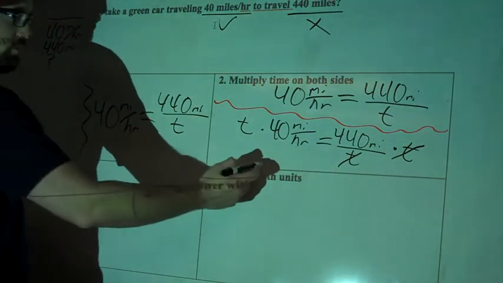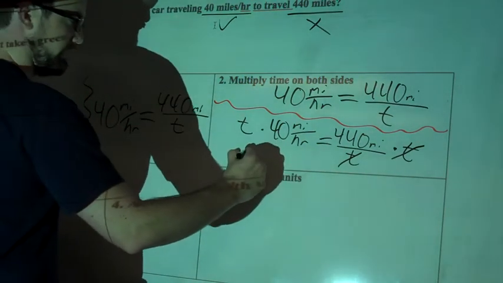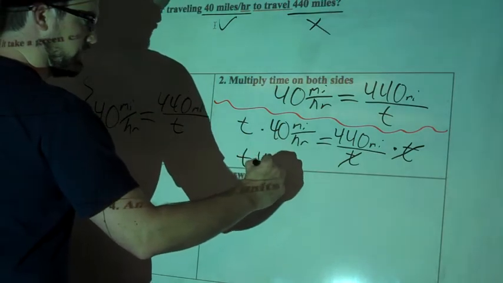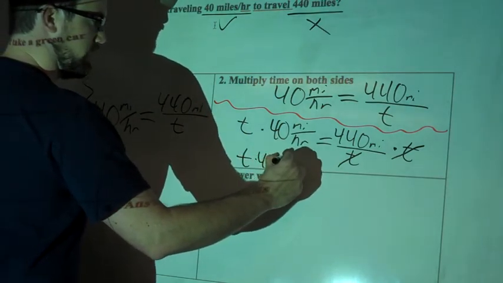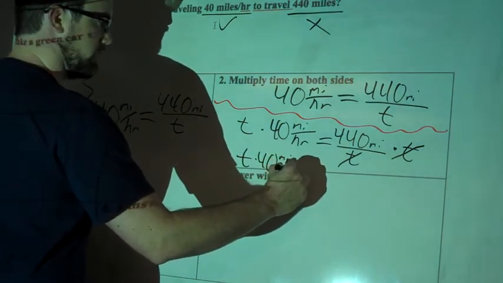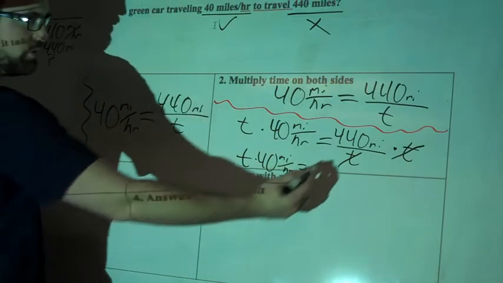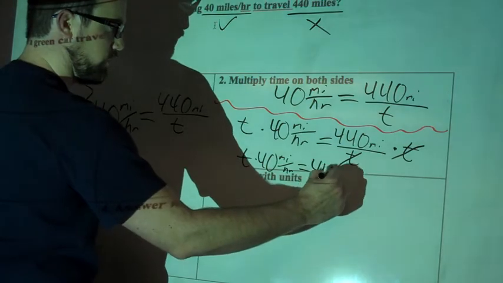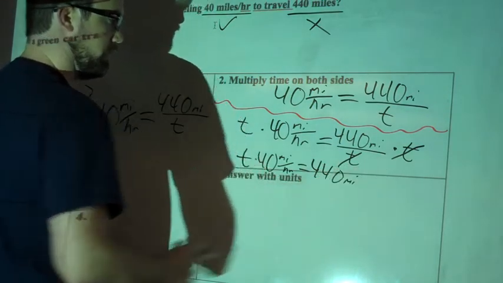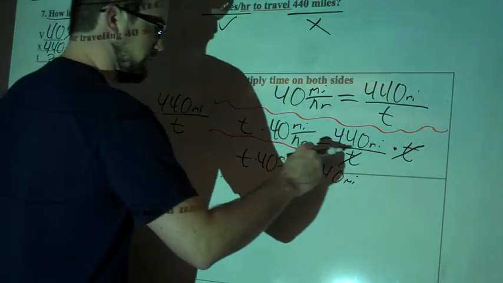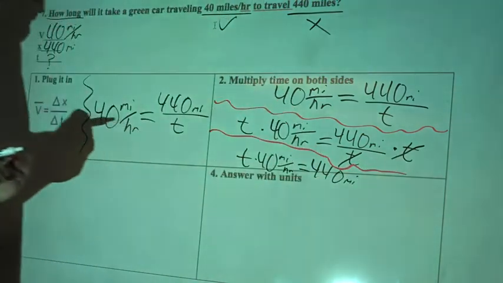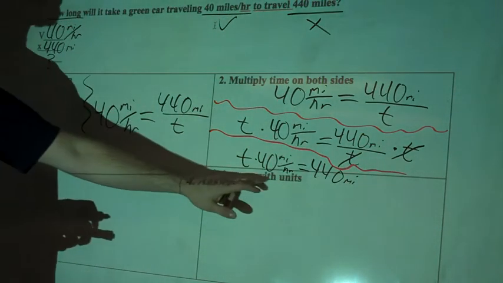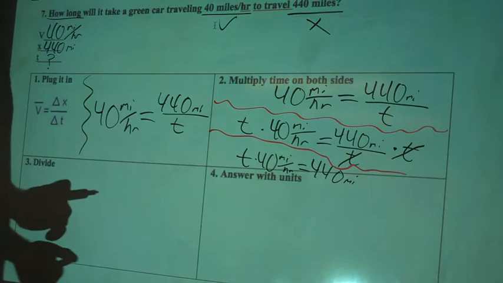Now I'm left with t times 40 miles per hour equals, and the only thing left on this side, since the t's were canceled out, is 440 miles. We'll separate that out so it's not so confusing. So t times 40 miles per hour equals 440 miles.